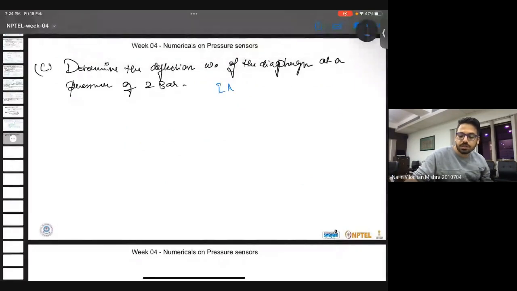Assume only linear region. So we can write the formula for pressure as this. Sorry, it must be 4.